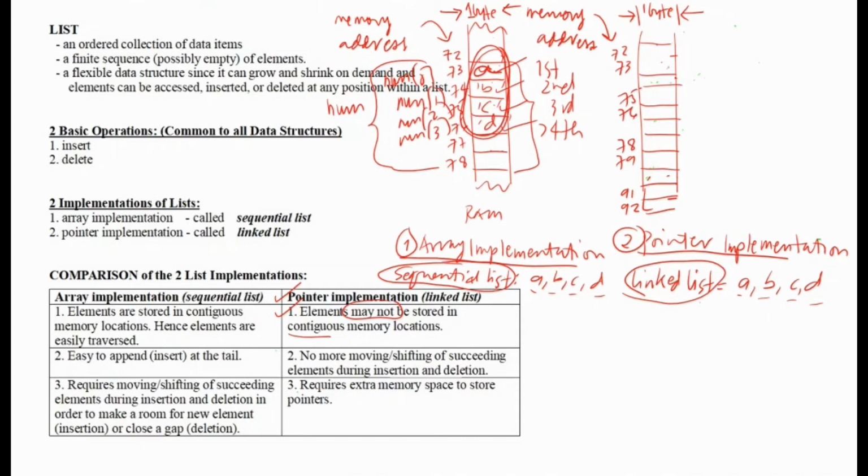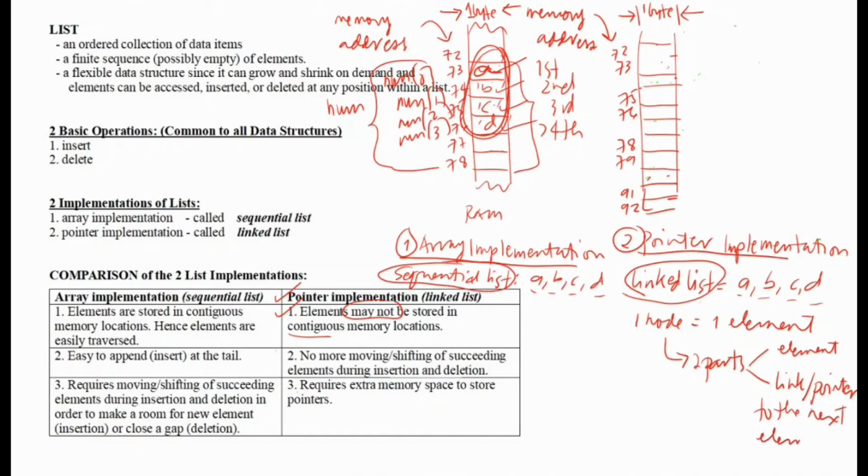For linked list, one node represents one element. What is a node? A node is like a class type having two fields. So it has two parts or values, the element value itself, and the second is the link or the pointer to the next element.